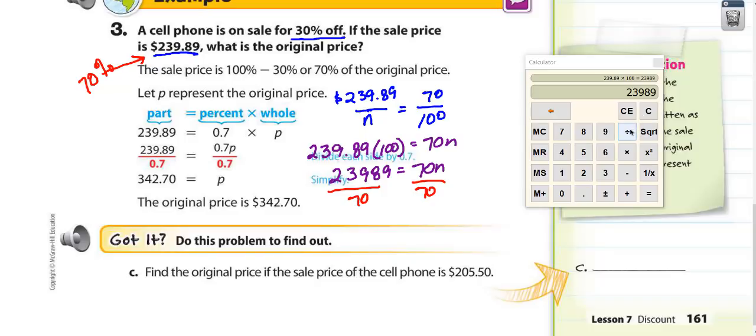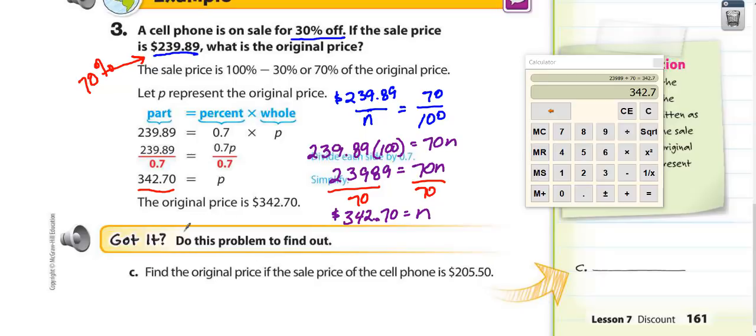So divide that by 70. And we get $342.70. We get the same answer they got, which is good, because if we didn't get the same answer they got, then there would be a problem with the way we were doing it. So $342.70 is N, which was the original price.